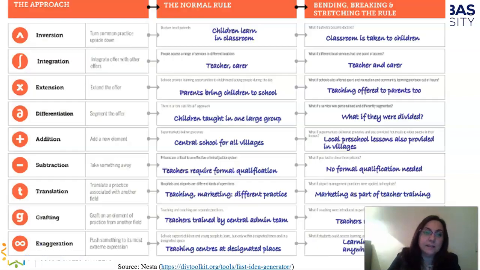Now, in the next slide, I have an example which has been presented by Nesta Foundation. So this example is an exercise on how to solve the problem of equal opportunity for education, equal education opportunity for all in India.